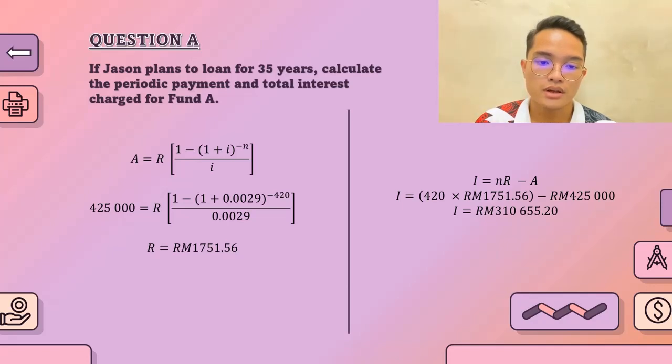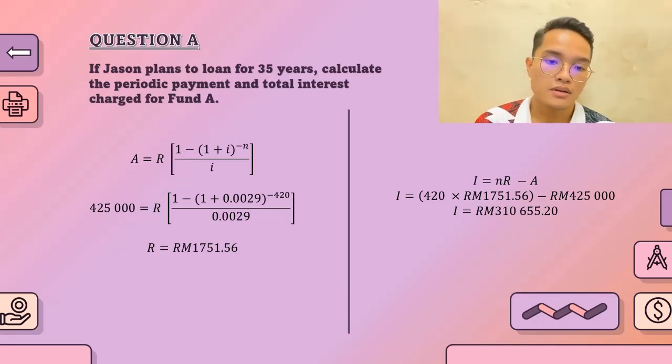425,000 ringgit equal to R multiplied by 1 minus open bracket 1 plus 0.0029 close bracket power negative 420, over 0.0029. So why do we use 425,000 ringgit instead of 450,000 ringgit?